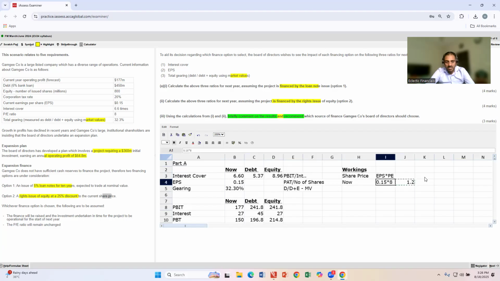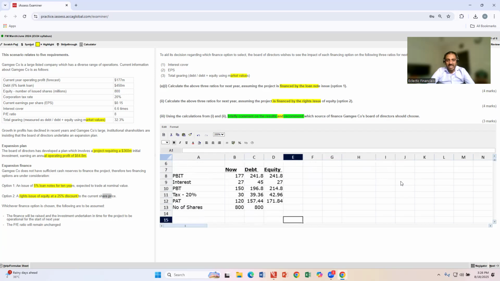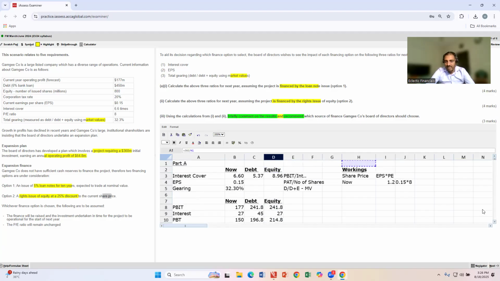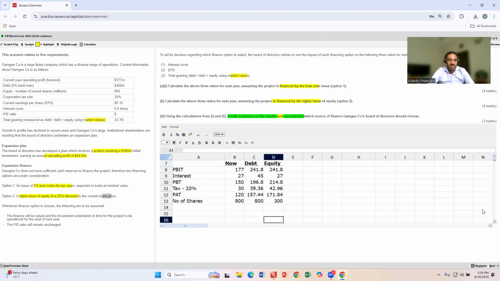1.15 into 8. It's now price, 1.2. So that's why we can calculate the finance required, 360 million. 360 divided by 1.2.